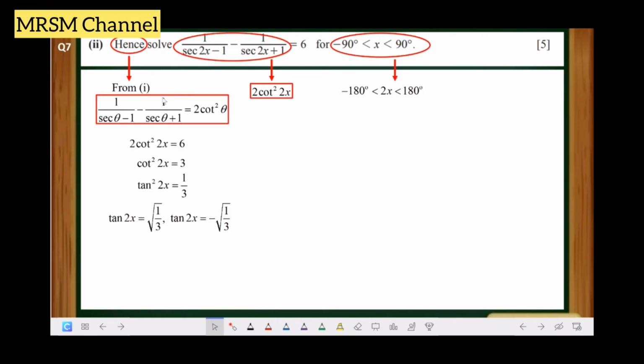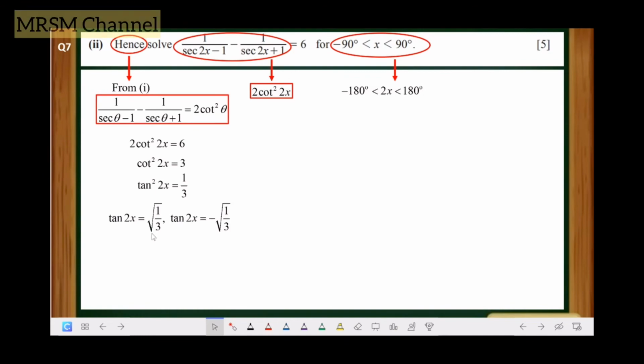Okay, when we want to solve, kita kena tengok bila trigo, kita nak solve, kita ada 4 quadrant. So all 4 quadrant, add sugar to coffee tu. Okay, first quadrant, second quadrant apa yang positif, third quadrant apa positif, fourth quadrant apa positif. Okay, so kita tengok sekarang ni tangent 2x kita is plus or minus 1 over 3. Ni positif kat depan ni.